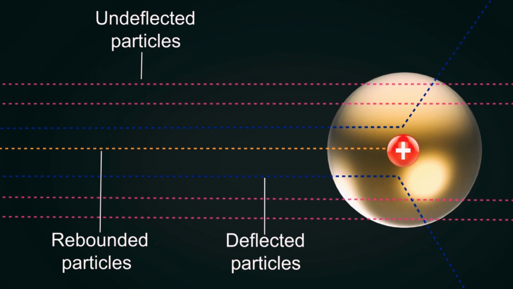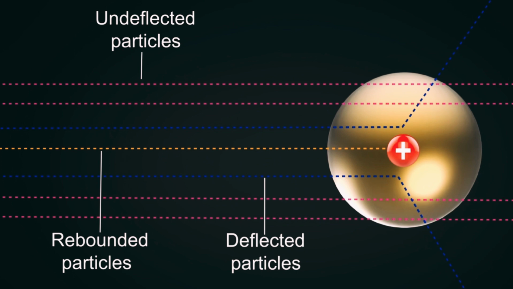So this is why we were able to detect that the central part of an atom carries a positive charge. The first part that we were able to tell was that the major part of the atom is empty. The second part was that the central position of the atom carries a positive charge.